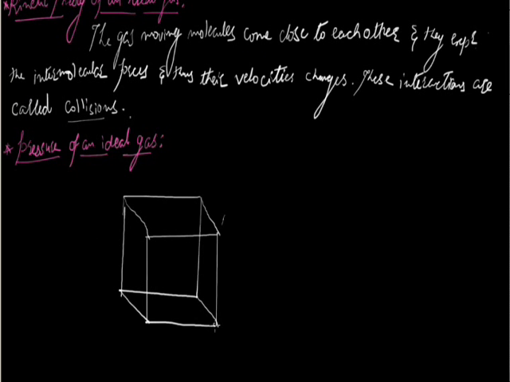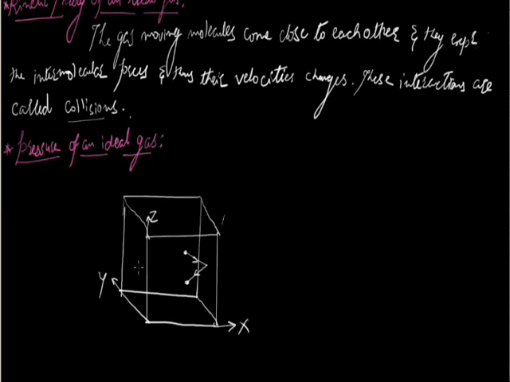Here we can consider this x-axis as usual, this will be our y-axis, and this will be the z-axis. Now what happens? Suppose this is a colliding particle of a gas. It collides with this wall of the container and moves like this.